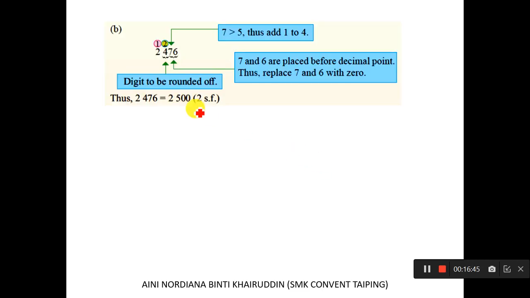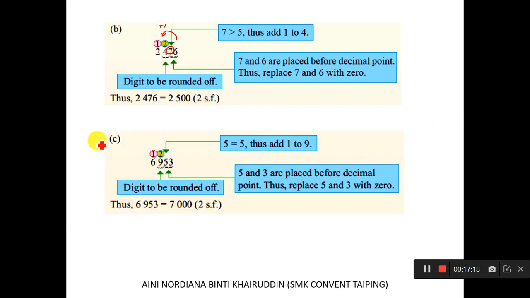Okay, B. This is the first significant figure and the second significant figure. So have a look at this number 7. 7 is greater than 5. So you must add 1 to the second significant figure here. So the answer will become 2,500. Right? So this is 2 significant figures based on the question.